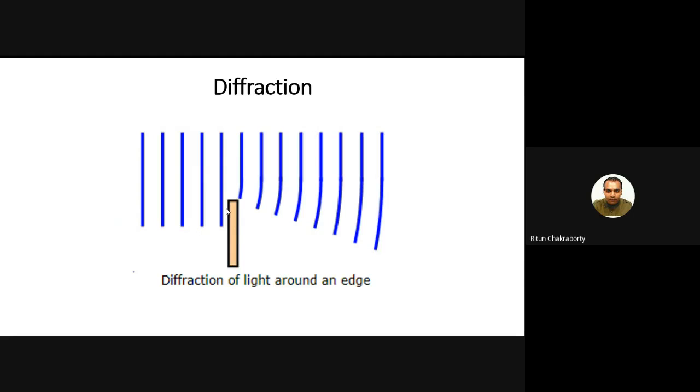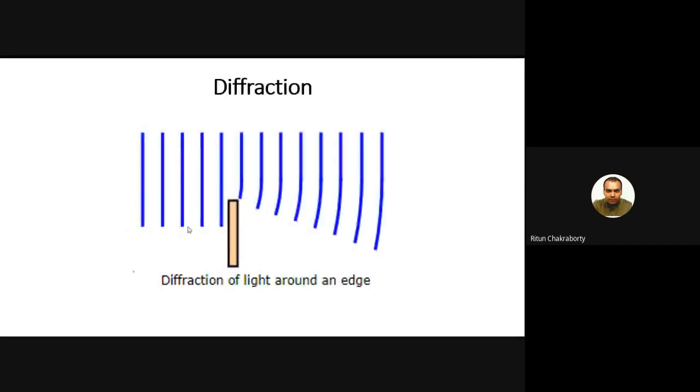So at the edges of this obstacle, what happens? Light begins to bend in this way. Earlier light was traveling in a straight line like this, but now light begins to bend along this. This type of bending phenomenon of light is known as diffraction of light.